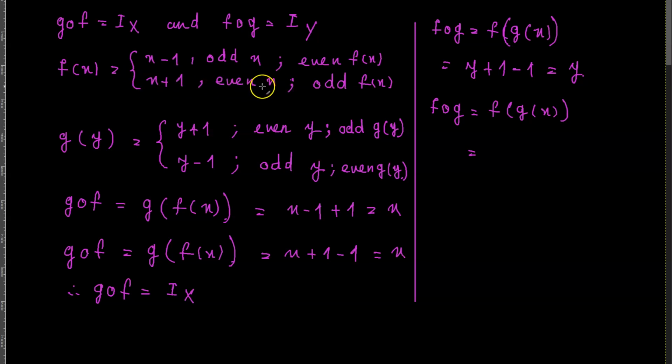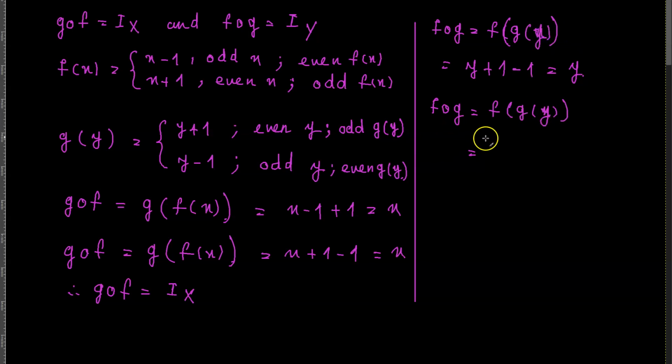Here, the input to this function is supposed to be an even number. An even number would be an even g of y, which is, this is actually supposed to be g of y. And this is also supposed to be g of y, right?